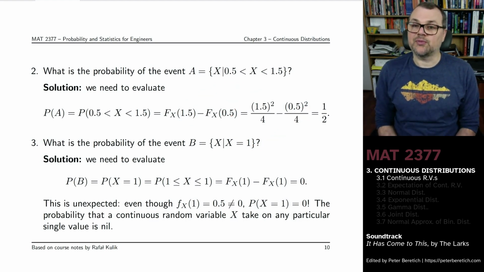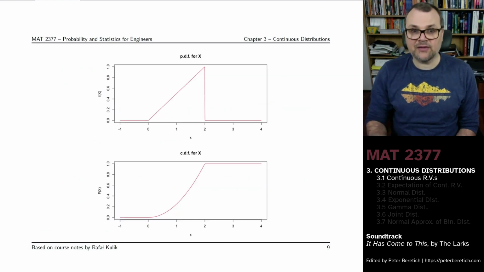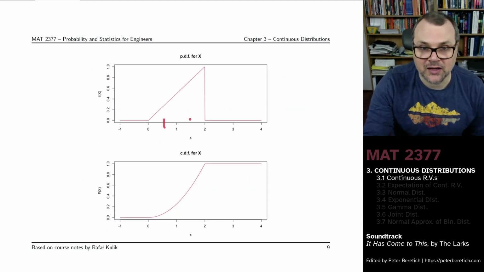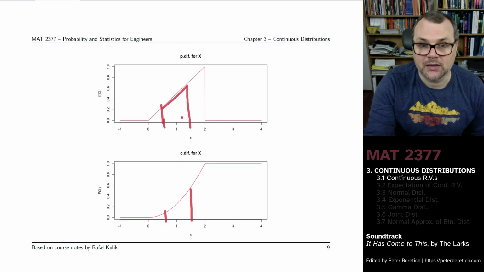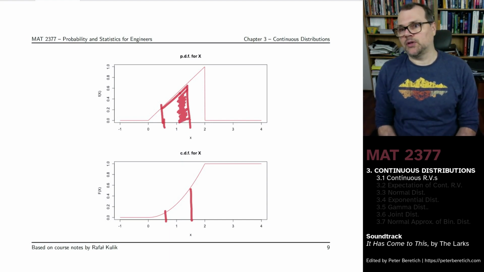So there's a 50% chance that the outcome x will fall between 0.5 and 1.5, but with the understanding that it is more likely to fall above 1 than below 1.